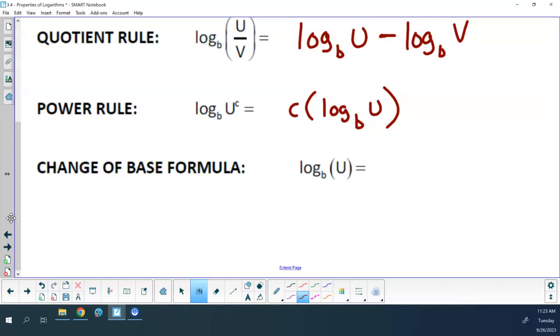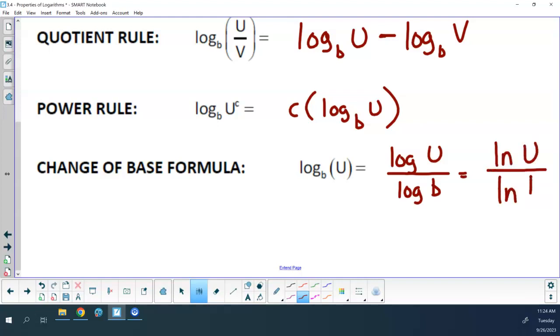The change of base formula is that you can either have log of u divided by log of b, or you can have the natural log of u divided by the natural log of b.